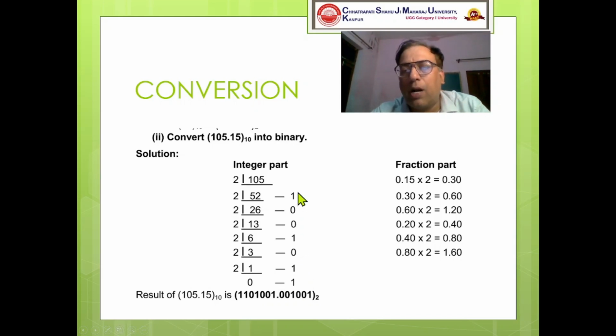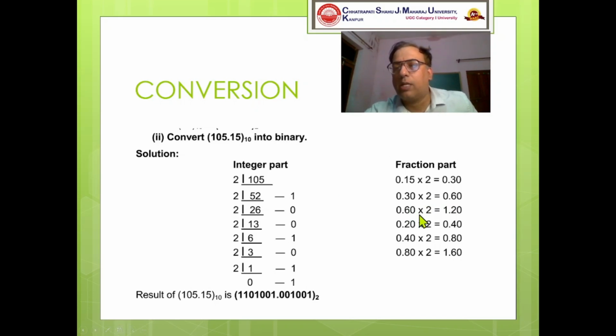Now for the fractional part, we use a simple method. We just take the fractional part and multiply it by 2. Multiply by 2 and you are getting 0.30. We go on multiplying by 2 until we get the final answer as 0.6.